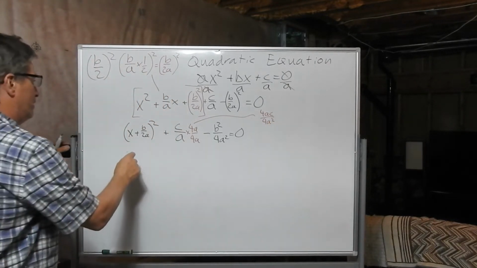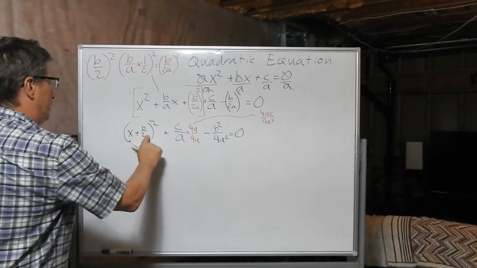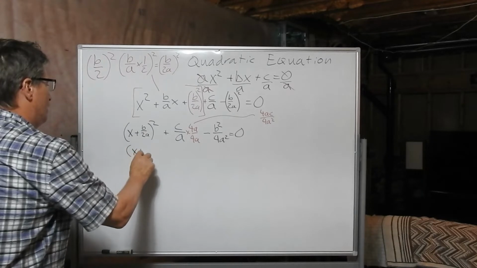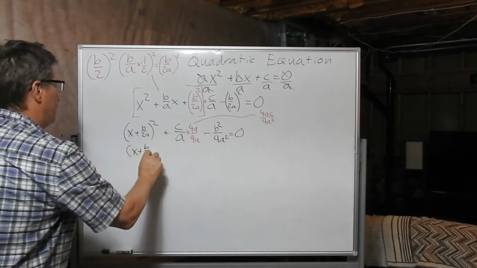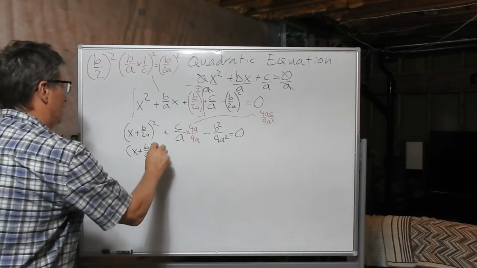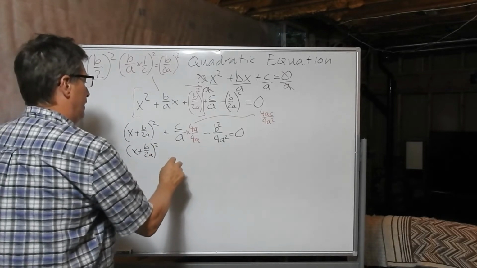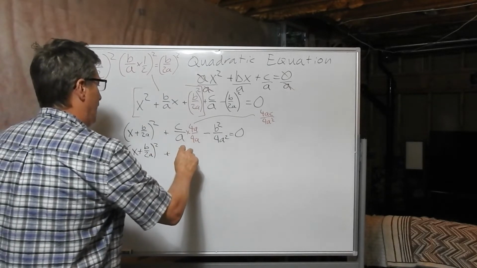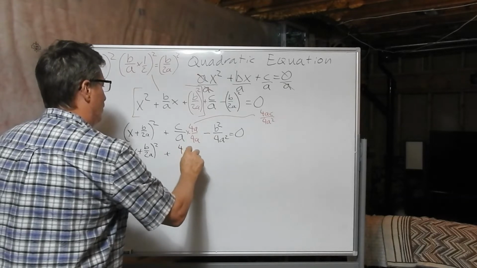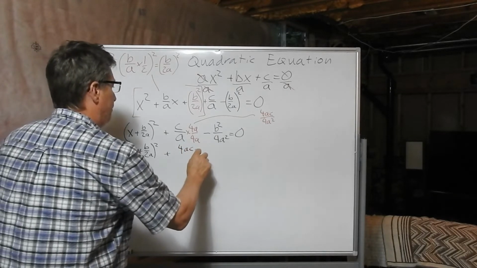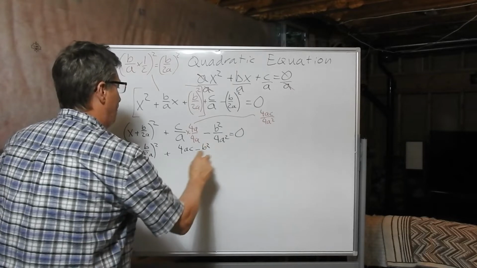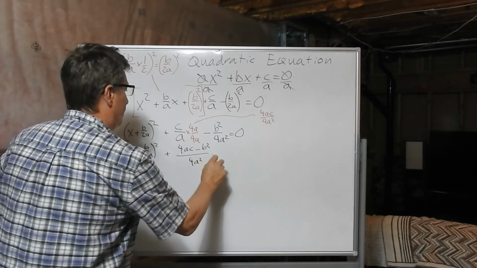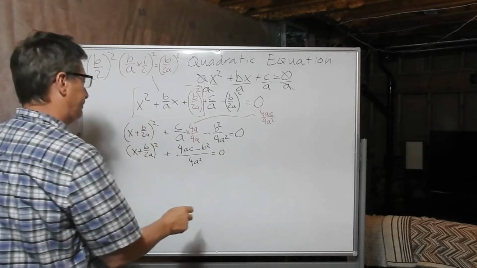So going down to the next line, we have x plus b over 2a, squared, plus 4ac minus b squared all over 4a squared equals 0.